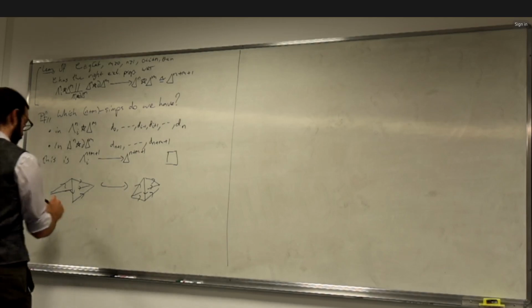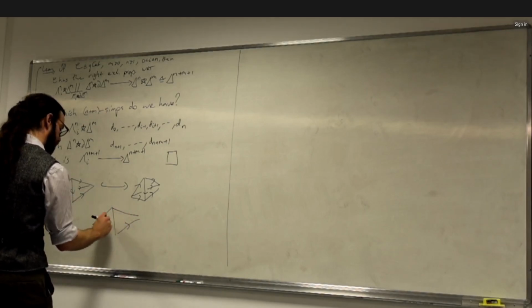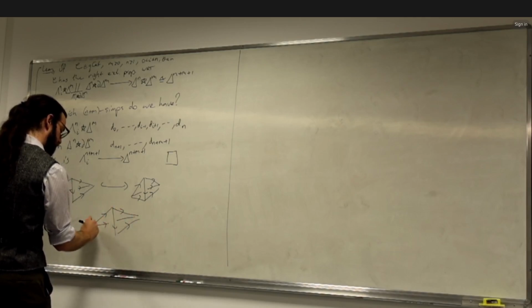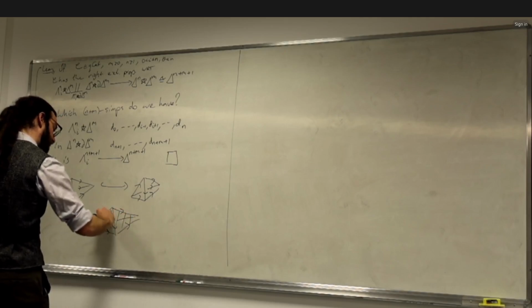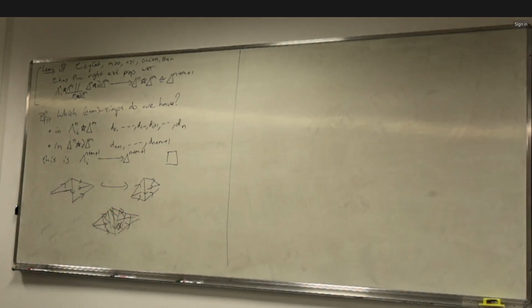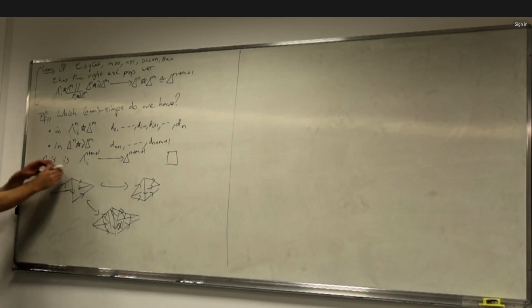You factor it through this thing, where now we have these three faces, but not that bottom face. And the way we do that here is we're taking a push out against an inner horn inclusion, this inner horn inclusion. So we can do that because it's an inner horn inclusion.